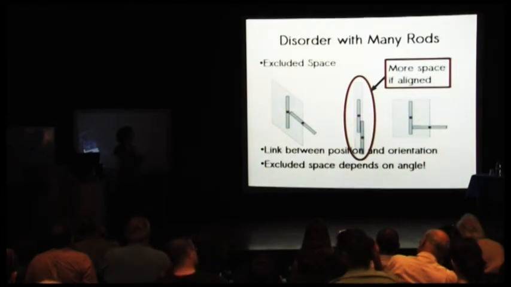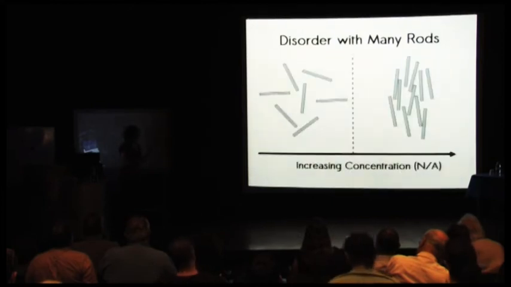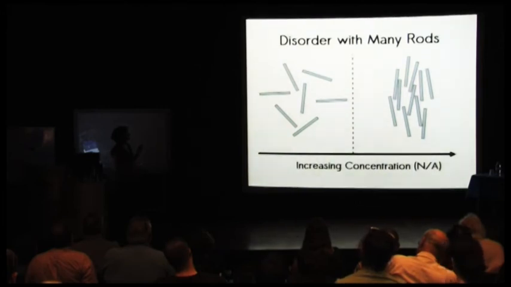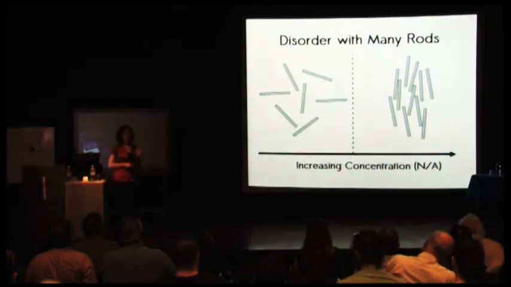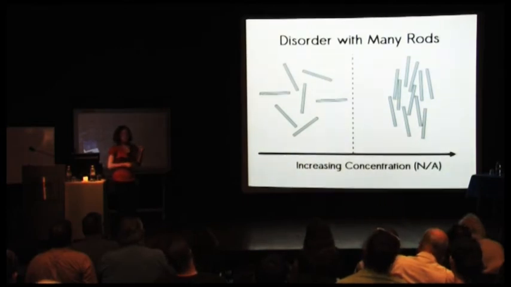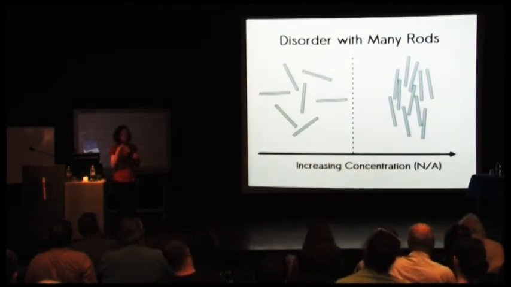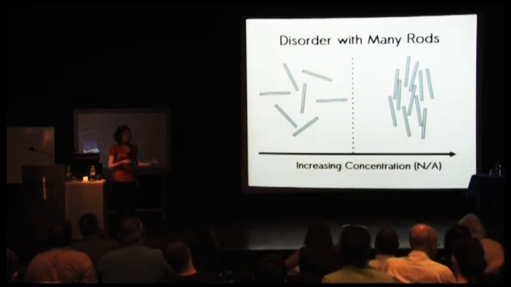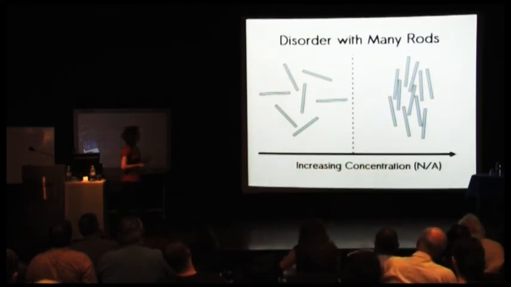They're together, they're coupled. So when would something like this become important? So we can think about it in this cartoon. So if the rods are not so many in number, and if they have a lot of space to be in, then you can have maximum disorder of orientation and maximum disorder of position.